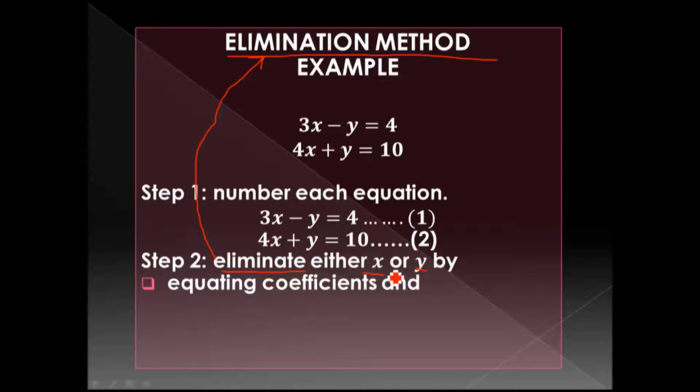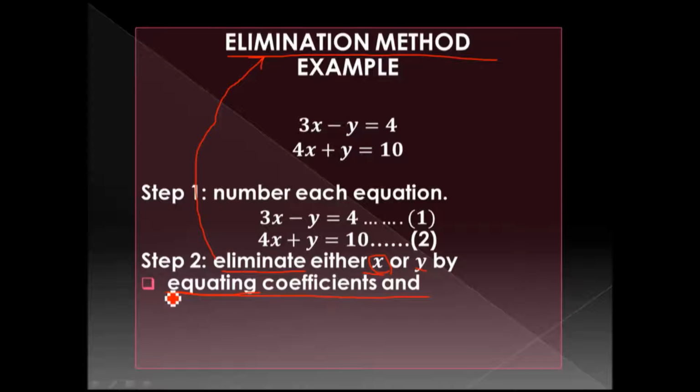As I was developing this example, I chose x as my unknown of choice. You can choose y if you prefer y to eliminate y, but I chose x because there are a lot of aspects we are going to cover which will be very, very useful to you as you encounter other challenges pertinent to this topic in the future. So the sub-process under step number 2 is equating coefficients.